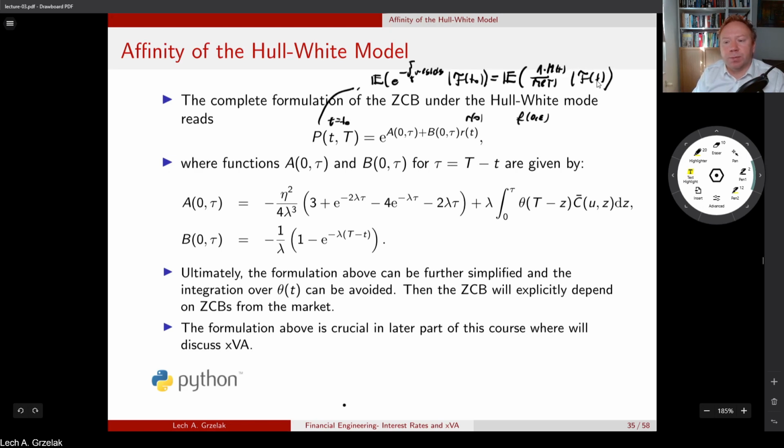If small time t is today, this quantity is 1, so M(t) is 1, and here we have M(T), which is equivalent to e to the integral from t to capital T of r_s ds. So this is equivalent. Now, even if we have the Hull-White closed form representation, we don't need to do this simulation which we have done before.